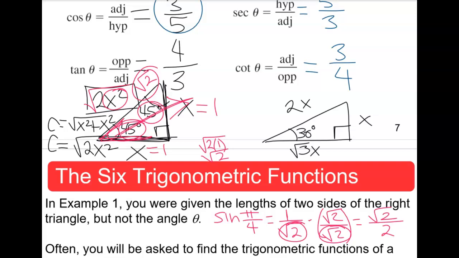And because the sum of the interior angles of a triangle is equal to 180, if we have one angle being 90 and another one being 30, then the third angle must be 60. Now, I want to remind you that 30 degrees is equal to pi over 6, and 60 is equal to pi over 3, okay?